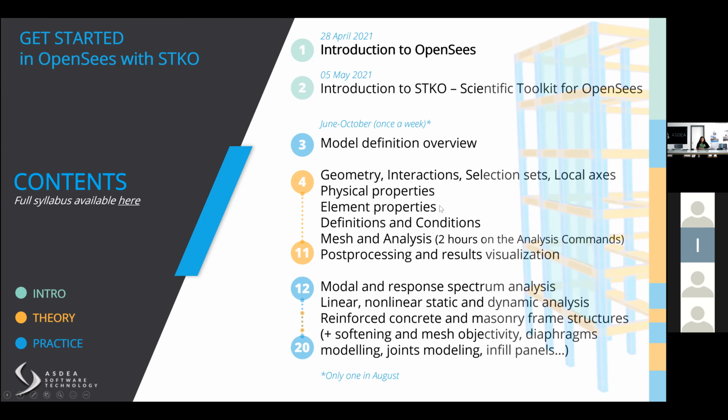These are theory classes, not really in the sense of FEM theory, but OpenSees theory. So we're going to go through each of these elements and knuckle down on what everything means. And at the end, we're going to dive into more specific topics like analysis and full models of reinforced concrete and masonry.